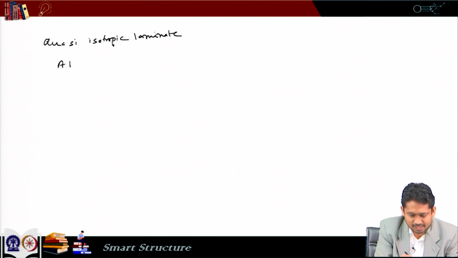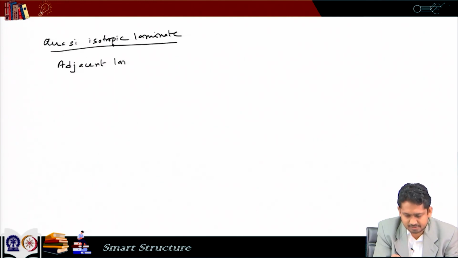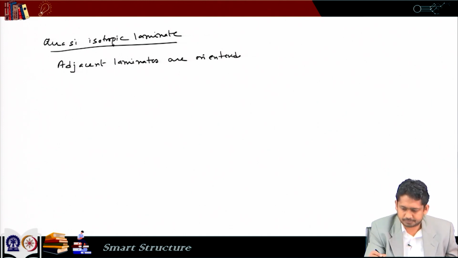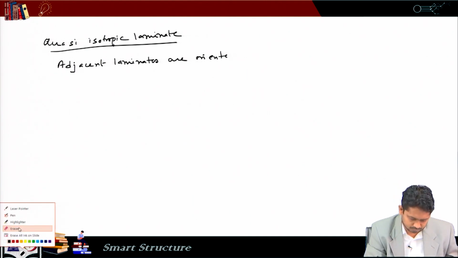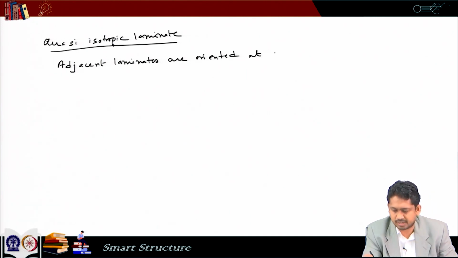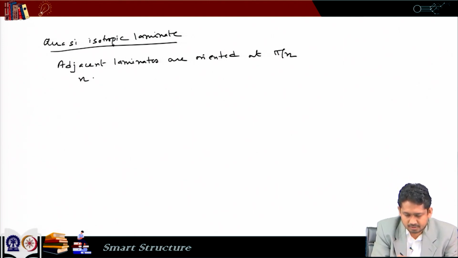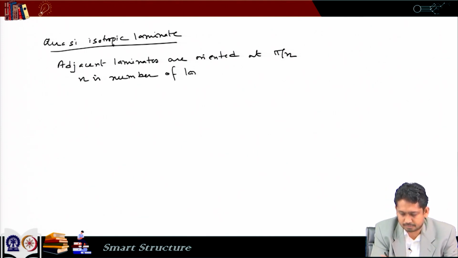In a quasi isotropic laminate, adjacent laminates are oriented at pi by n, where n is the number of laminates.